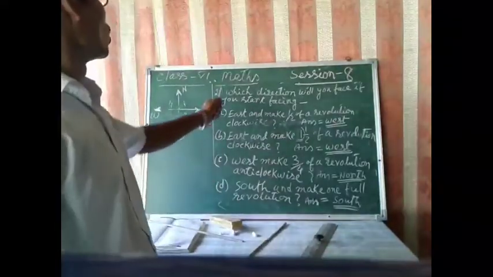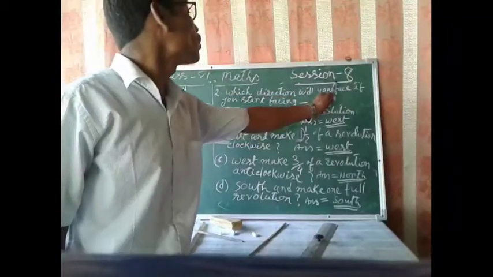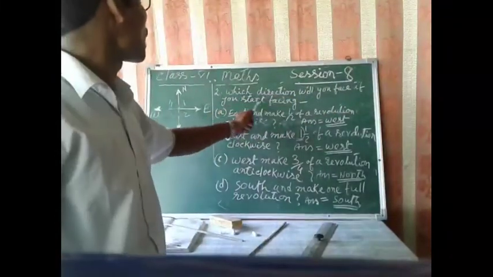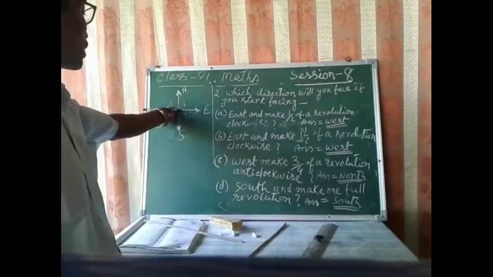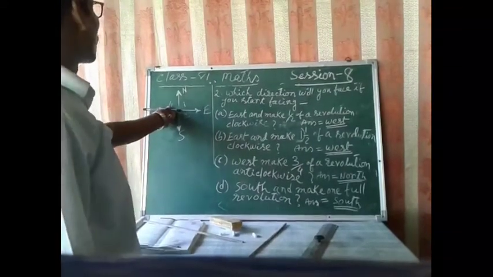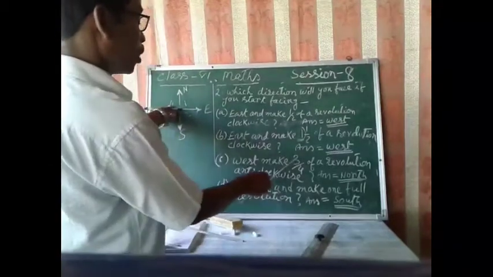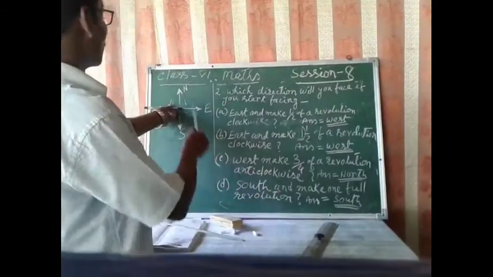Now see, which direction will you face if you start facing west? Facing west, make 3/4 of a revolution. 3/4 means you have to move 3 quadrants, as there are 4 quadrants.